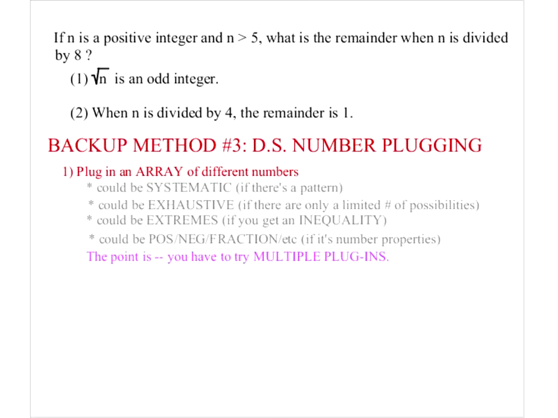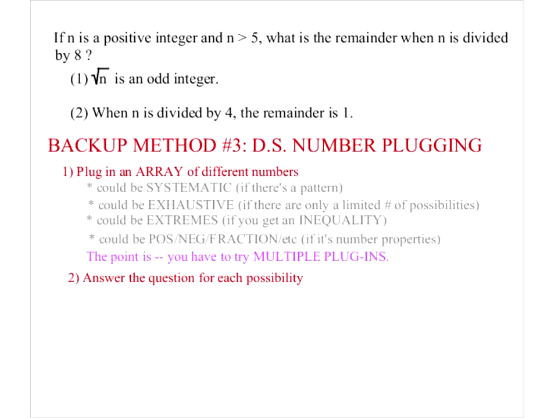This is a stark contrast to the other kinds of number plugging, because with the multiple choice questions, if you pick one well-placed number or set of numbers, you're done. You'll get an answer. But here, this is sufficiency. It's impossible to tell sufficiency without plugging in multiple possibilities. Then, basically, you just answer the question for each possibility.